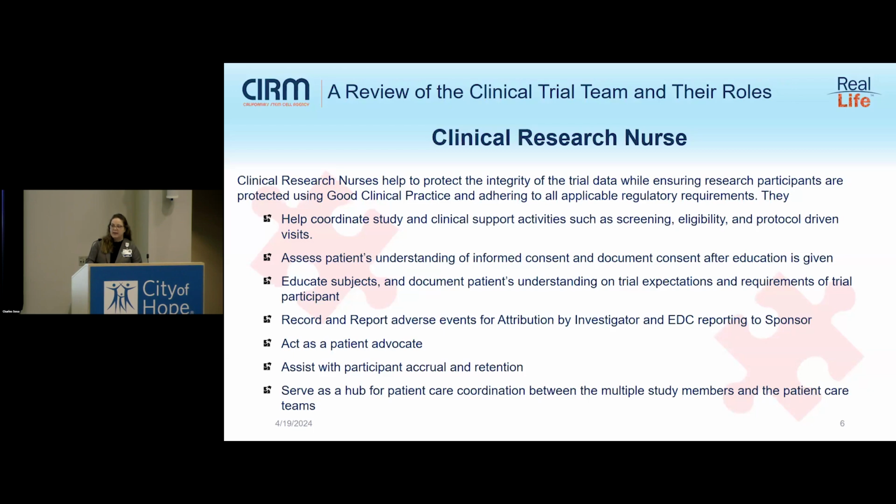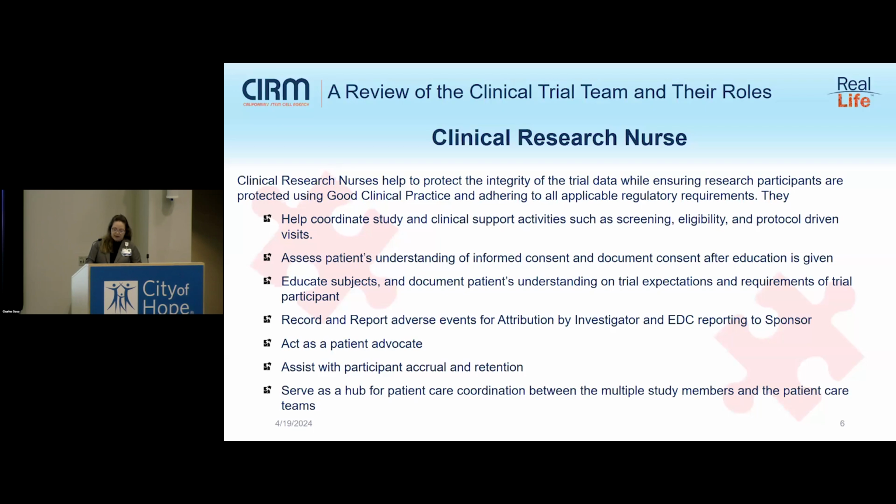We'll put that together, and then the PI is going to review that and ultimately make the decision whether the patient is eligible, along with his or her signature. The CRN, the CRC, and the sponsor oftentimes will also be double checking the packet to make sure that the patient meets eligibility.